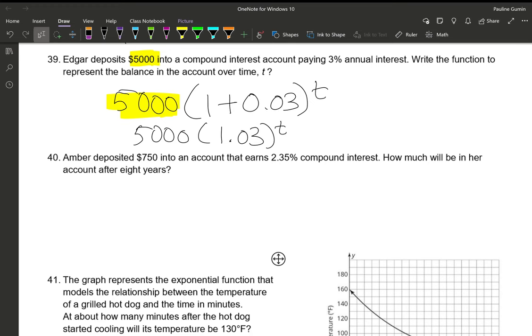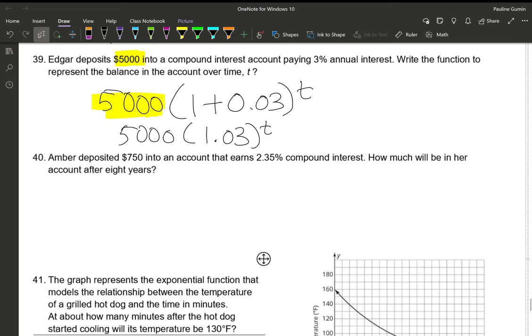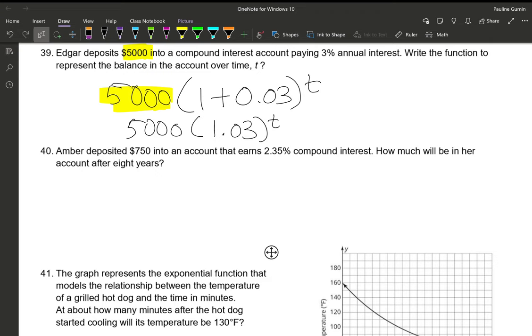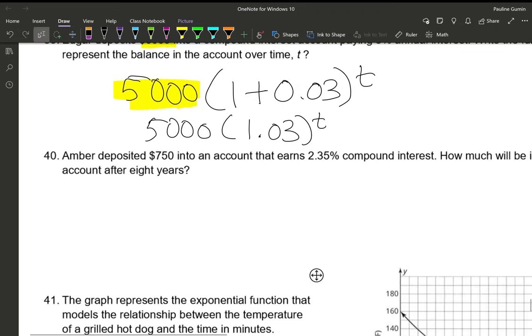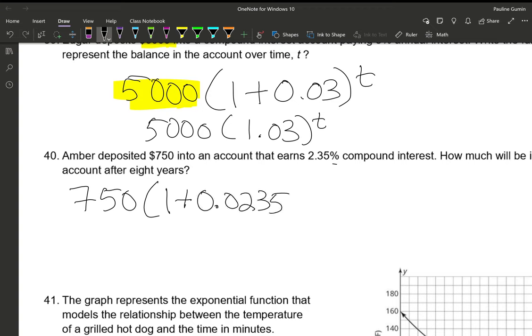40. Amber deposited $750 into an account that earns 2.35% compound interest. How much will be in her account after 8 years? Okay, let's set it up like we did the previous problem. 750. Again, she's gaining money, 1 plus 2.35%, which is 0.0235.